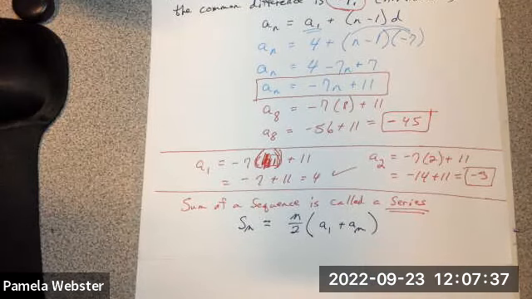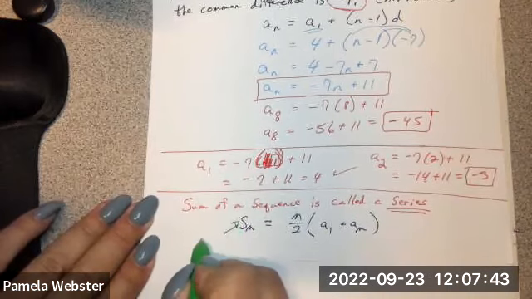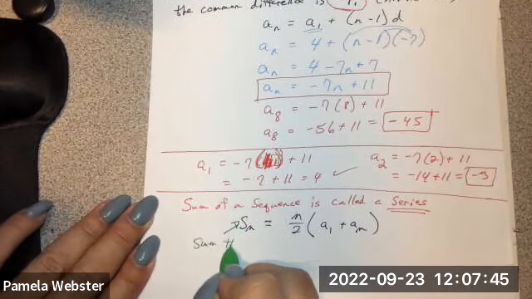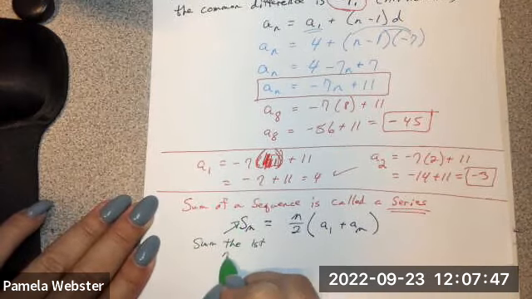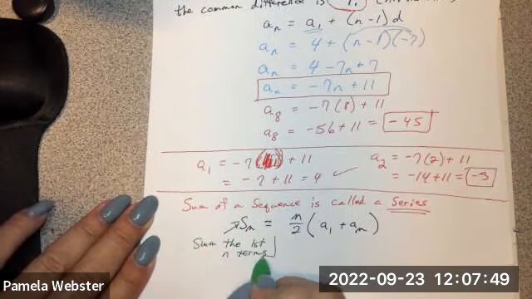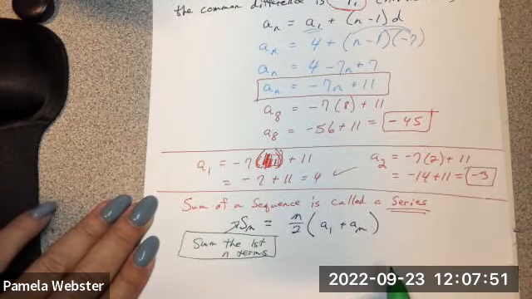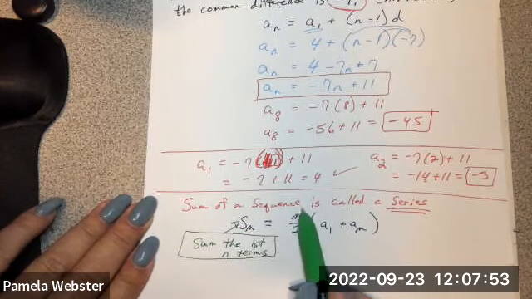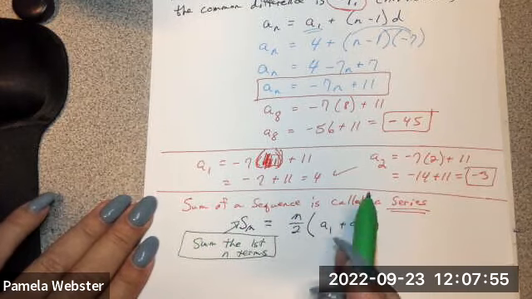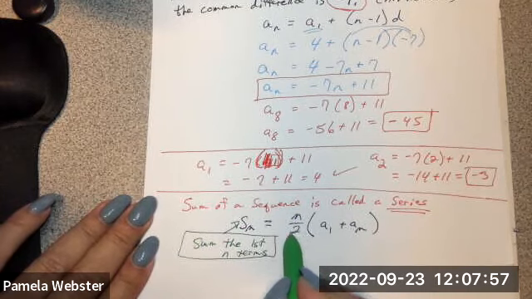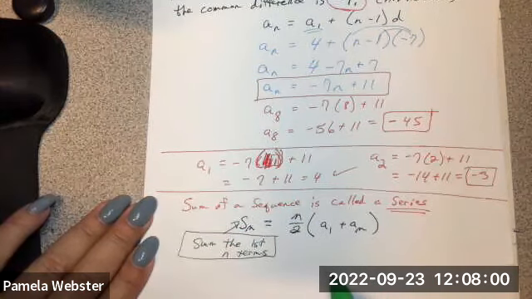Basically what they're saying is, if you want to sum up the first n terms, then you take the number of terms you have and divide by 2, because it's going to be an interesting pairing thing going on.